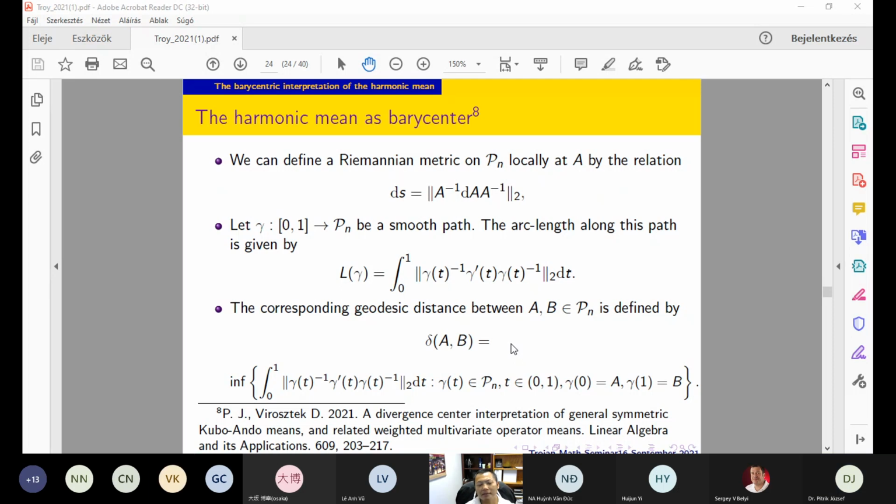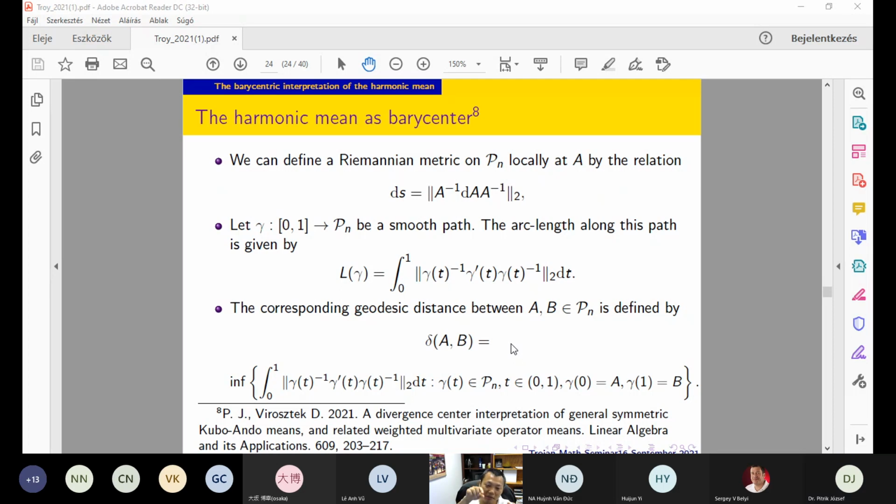Even for the scalar case, I don't know. It should be there in the scalar case. I don't know if it's a well-known thing. For example, if you consider symmetric means, there is the line between the harmonic mean and the arithmetic mean. But in the scalar case, the midpoint is the arithmetic mean.